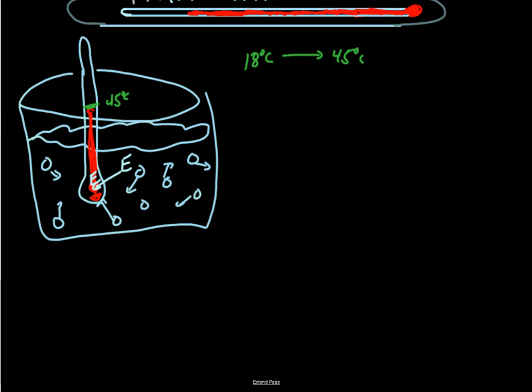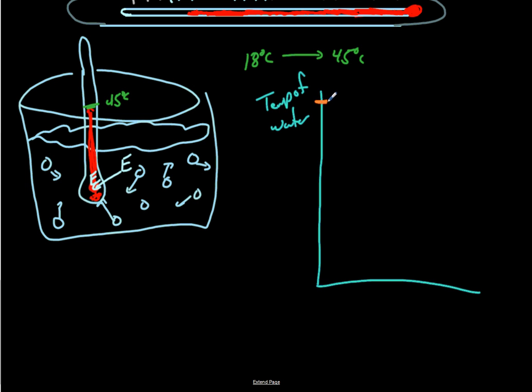So if we can think of that maybe in terms of graphing, it might help. So let's say we have a temp of water. Let's say it's up here. And then we have temp of thermometer.